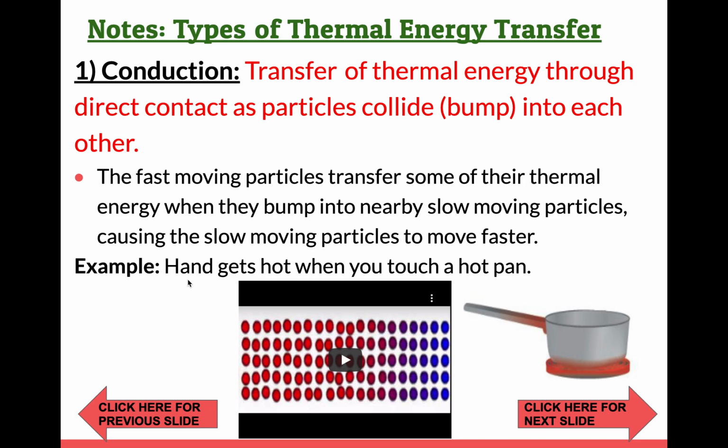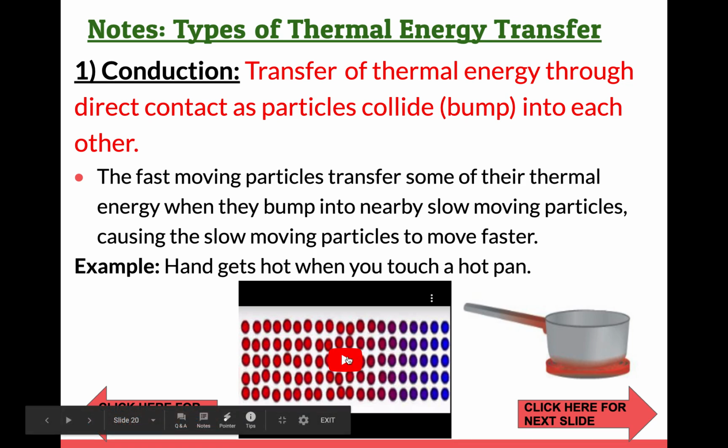So for example, when your hand gets hot when you touch a pan, that involves direct contact. It involves touching. The hand is touching something hotter, so the particles from the pot are going to start to bump into the particles in your hand, and they're going to transfer thermal energy so that your hand starts to get hot too.